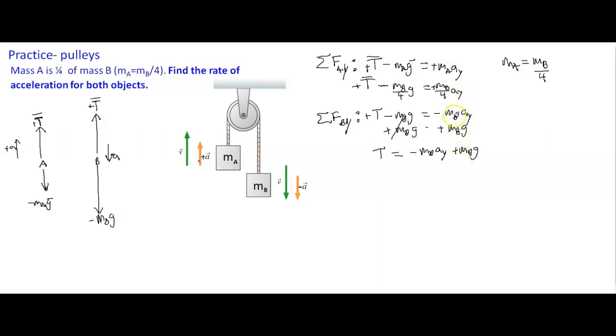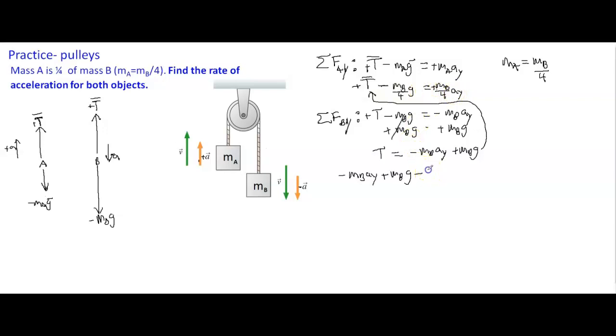And now I'm going to plug this into here. So I'm going to bring this down here. So now tension, which is MBAY plus MBG, that is the tension in this equation right here.